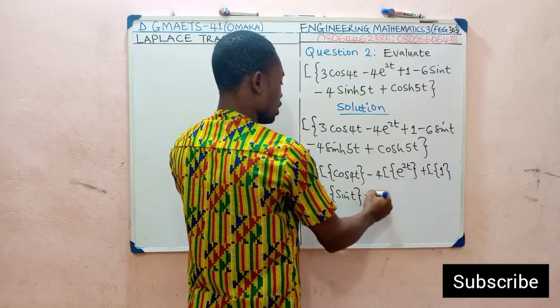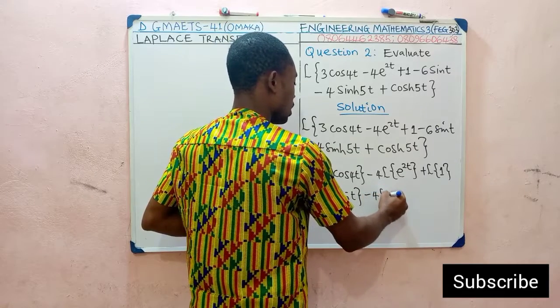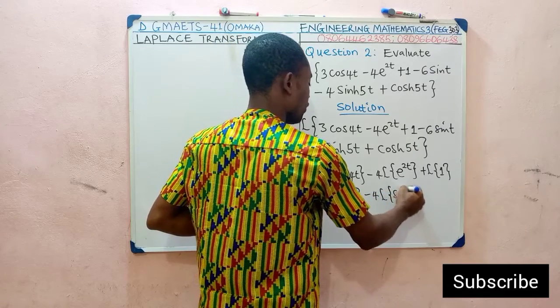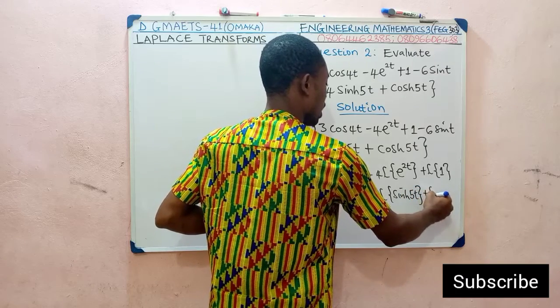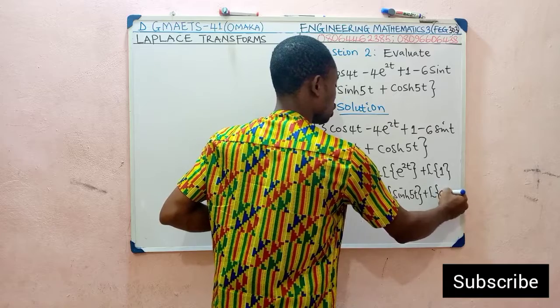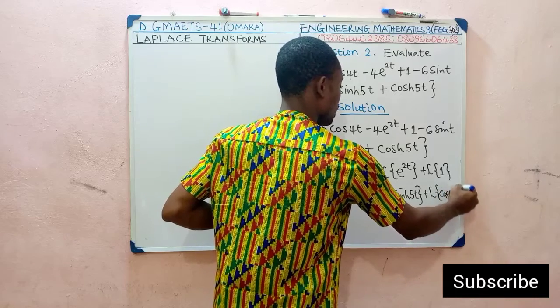Then coming over here, minus 4 times Laplace of sinh 5t, then lastly plus Laplace of cosh 5t.